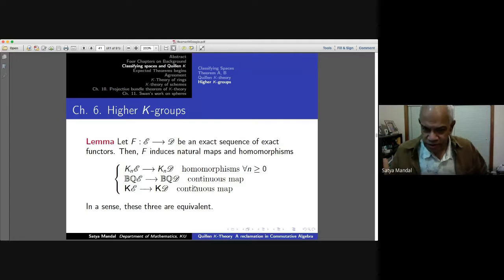Okay, so this is all natural. Given an exact category, you have a classifying space, and given an exact functor, we have a map of the K groups.